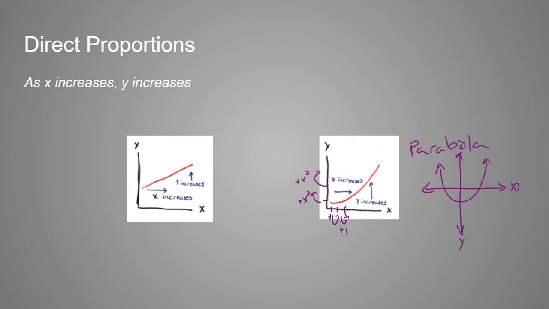Now, there is another type of proportional relationship. If this one is as x increases and y increases, what happens if x continues to increase but y decreases? What would that look like? And what would that be called? These are going to be called an inverse proportion. No matter what, x cannot decrease.